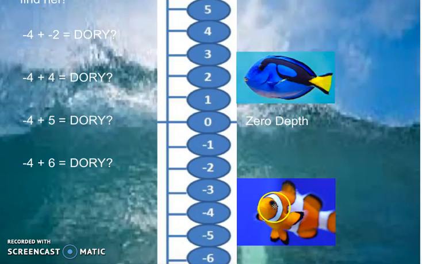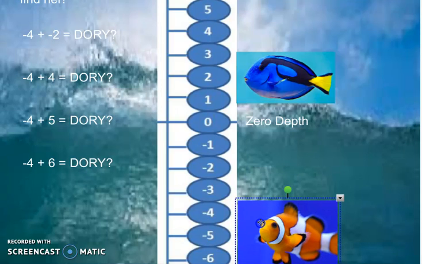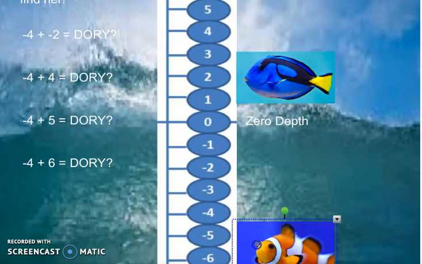That means Nemo is facing the positives, but he's going to move backwards because we're adding additional negatives. So he's going deeper and deeper into the ocean. Now he's at -5, and then he lands at -6. Did we find Dory? Nope. We actually got further away from Dory, so that did not work.